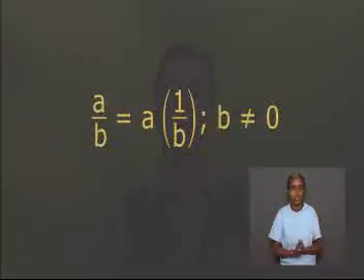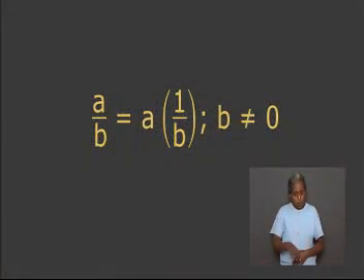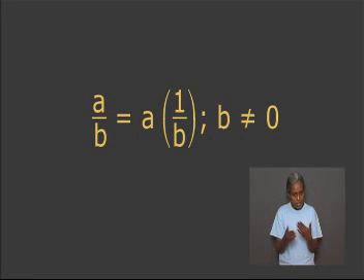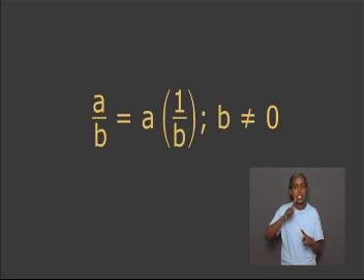Now, let us learn about division of complex numbers. We can treat division as the inverse process of multiplication. Provided b is not equal to 0, the phrase a divided by b can be symbolized as a times the inverse of b.